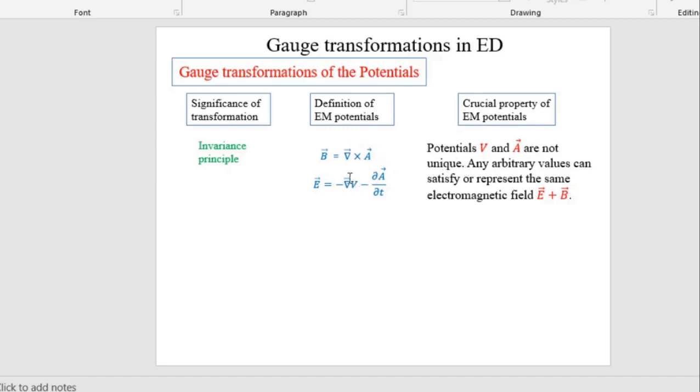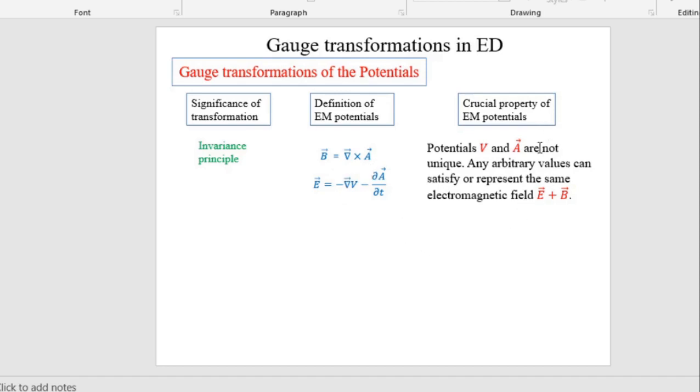Any arbitrary values can satisfy or represent the same electromagnetic field.